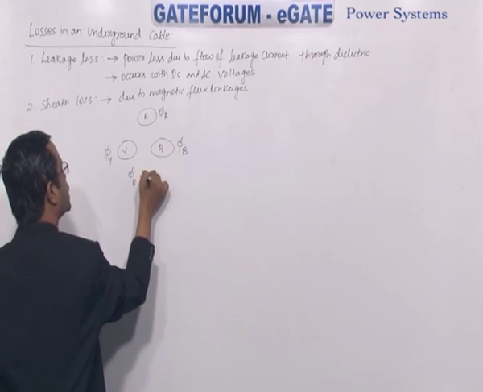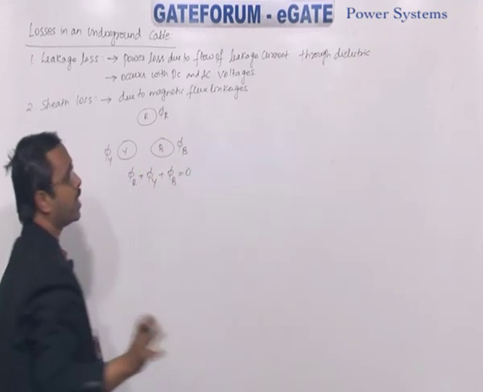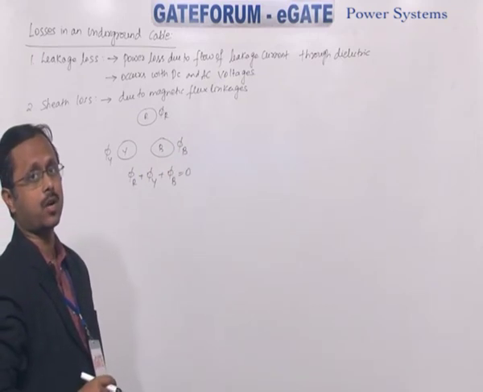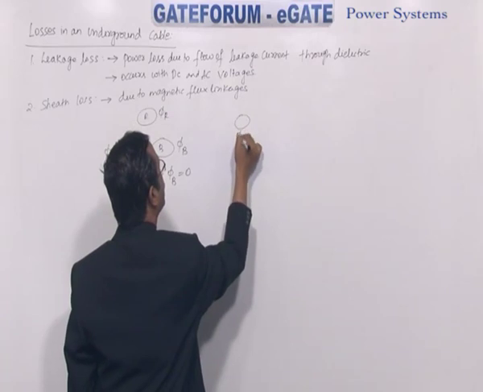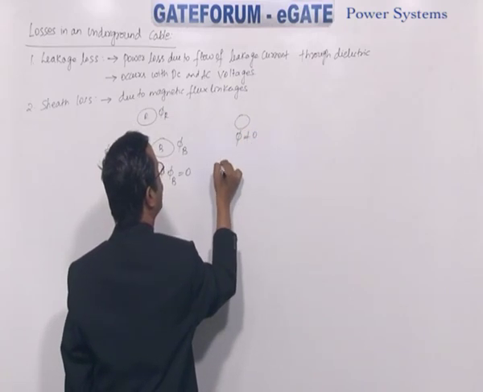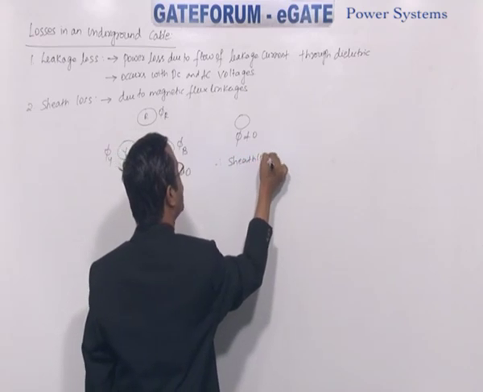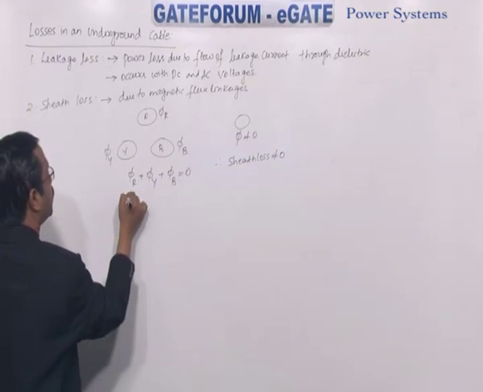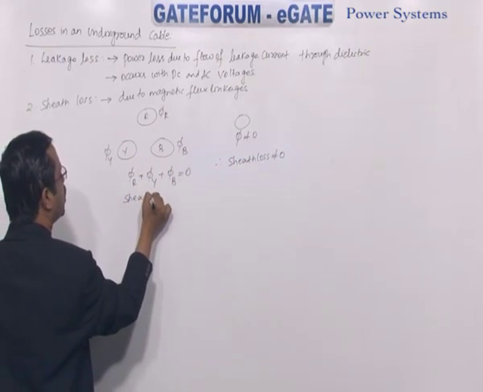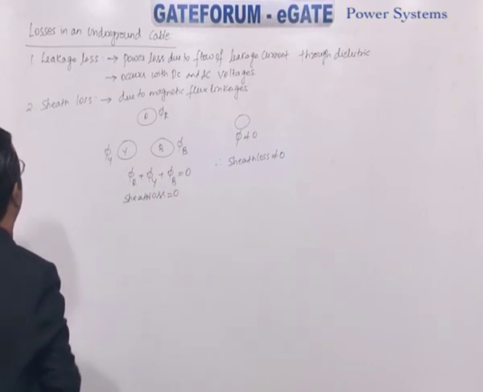Sum of all this is equal to 0. So you don't have any sheath loss in a 3-core cable. But in case of a single core cable, this phi is not equal to 0. Therefore the sheath losses occur in a single core cable, whereas in a 3-core cable, the sheath losses do not occur.